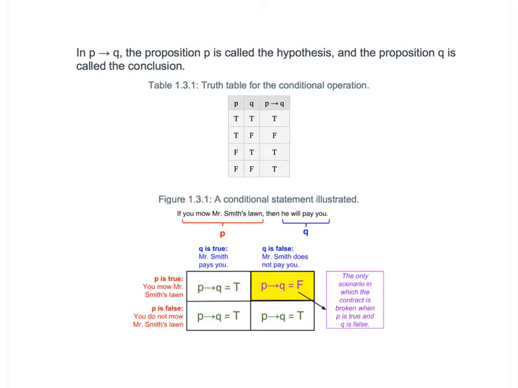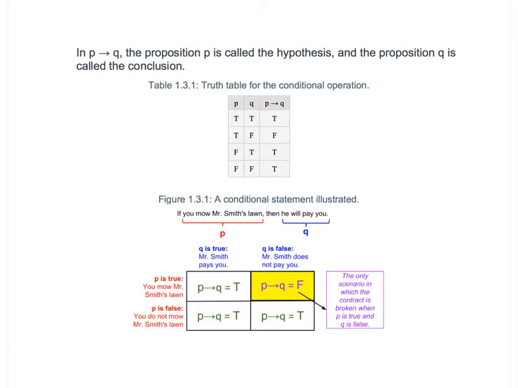In the second case, you mow his lawn but he doesn't pay you. This should be false, because the contract is broken. The contract was this: if you mow, then he has to pay you. So in the second case, the contract is broken and something is wrong, so the conditional proposition is false.